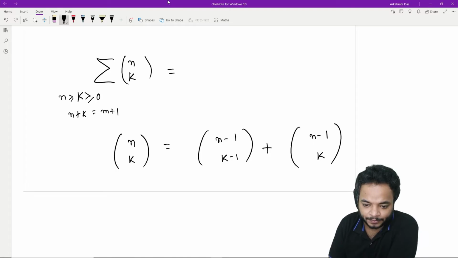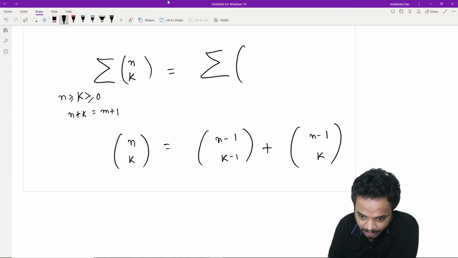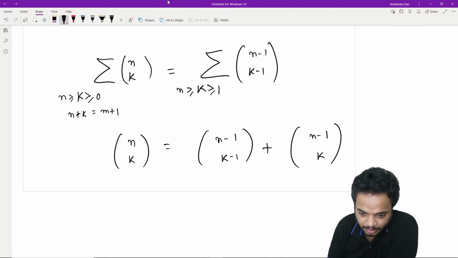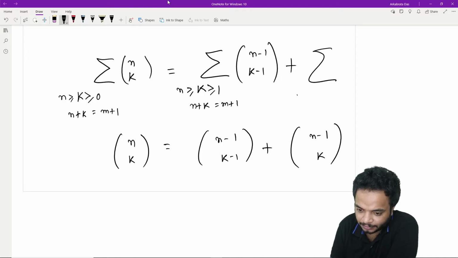Now I can write that this sum is the sum of n minus 1 choose k minus 1, with n greater than or equal to k greater than or equal to 1, because when it's n minus 1 and k minus 1, my n and k have to be greater than or equal to 1, and the condition n plus k equals m plus 1, plus the summation over n greater than or equal to, let me write down the identity first, n minus 1 choose k.